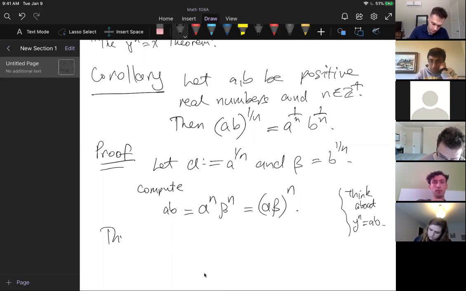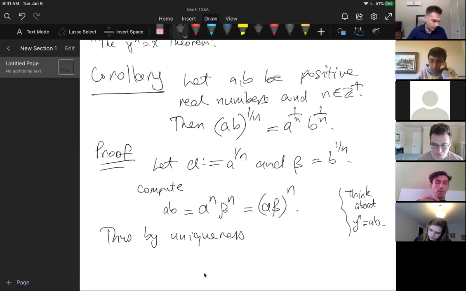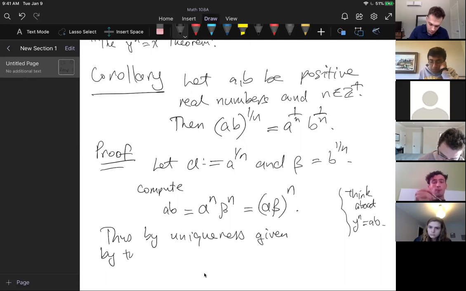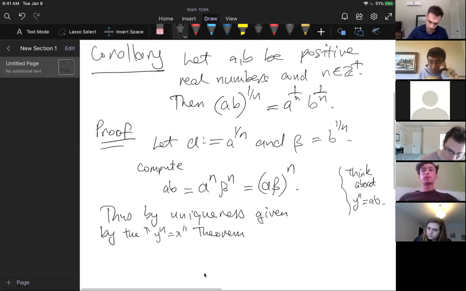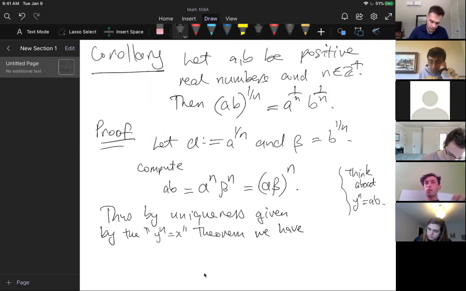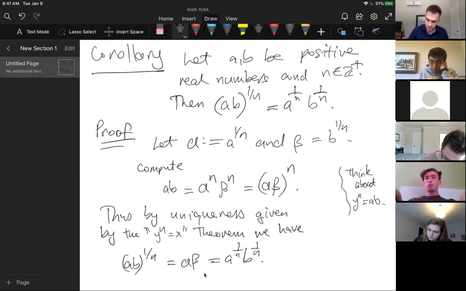So thus, by uniqueness, given by the y to the n equals x theorem, the solution must be alpha times beta, and so we have ab to the 1 over n equal to alpha beta equal to a to the 1 over n times b to the 1 over n, like so. So that's something that you basically get for free from the last theorem.